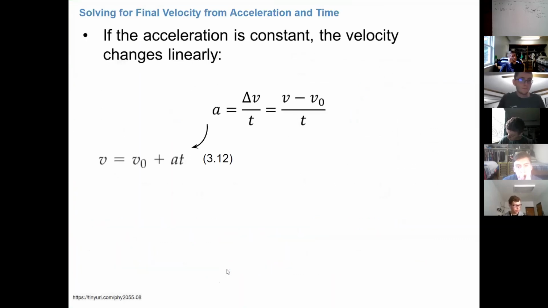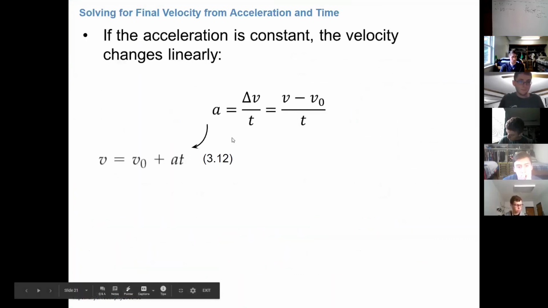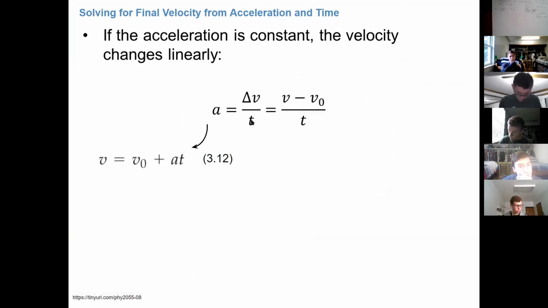All right, now let's take a look at the definition of acceleration. Acceleration is defined as delta v over t. So v final minus v initial gives you delta v, divided by t. In that sense, we can do the same as what we did from the definition of v equals delta x over t.